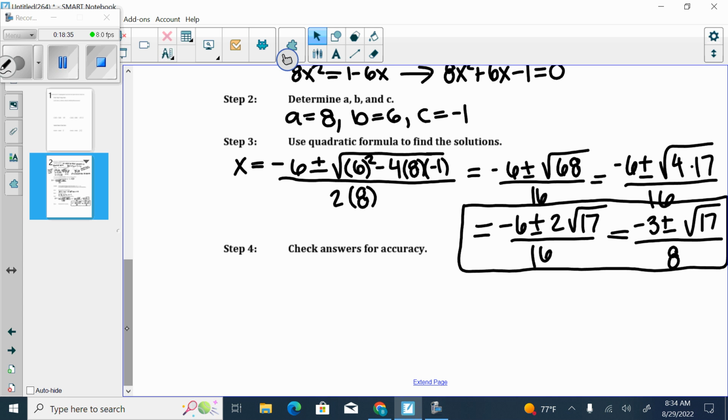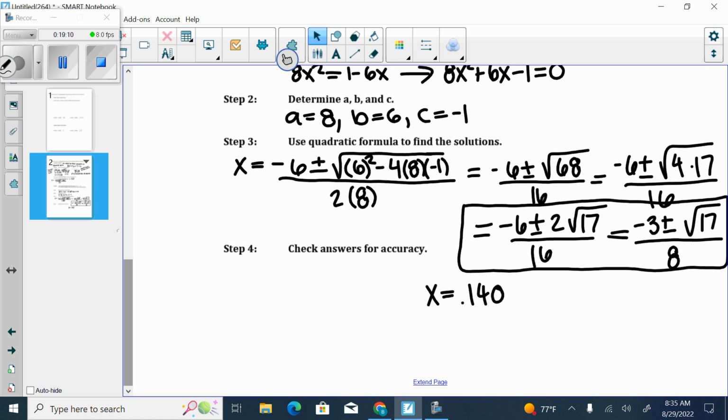And in the top of my fraction, if you're copying from this first one, would be negative 6 plus 2 square root of 17, all in the top, over 16, right? And what would our decimal answer be there? Approximately. Yes. 0.14. Very good. So x equals 0.14.